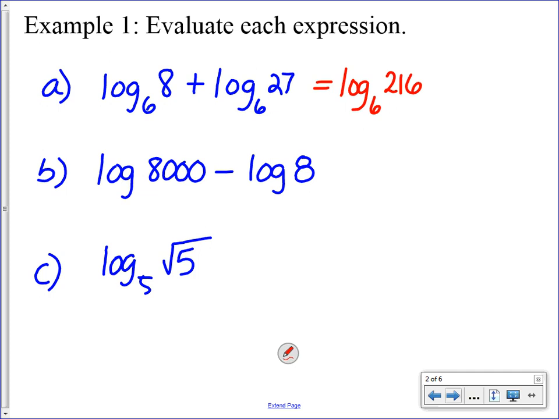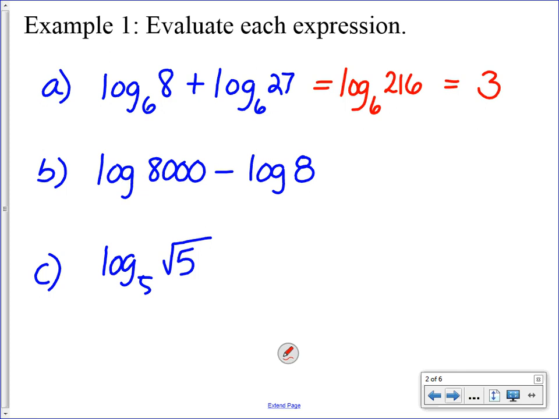All right, then we can evaluate this logarithm by thinking 6 to what power equals 216? Well, you might start by thinking, okay, well, 6 times 6 is 36, and 36 times 6 is 216. So this ends up equaling 3, because 6 to the third power equals 216.